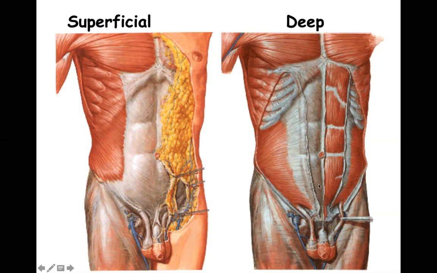On the right side of the screen, the external abdominal oblique has been removed. So now you can see the rectus abdominis, those two parallel muscle bodies, making that six-pack because of those tendinous intersections. And then you can see by the fascicle arrangement right here that this is the internal abdominal oblique. And over here, internal abdominal oblique.